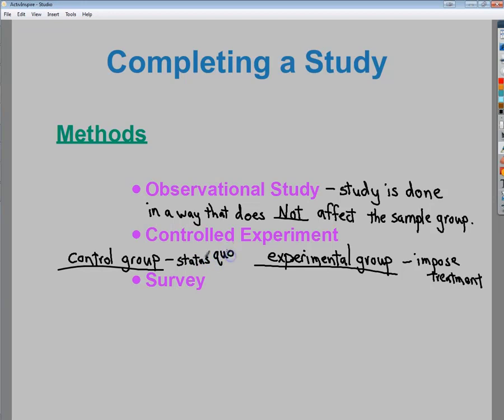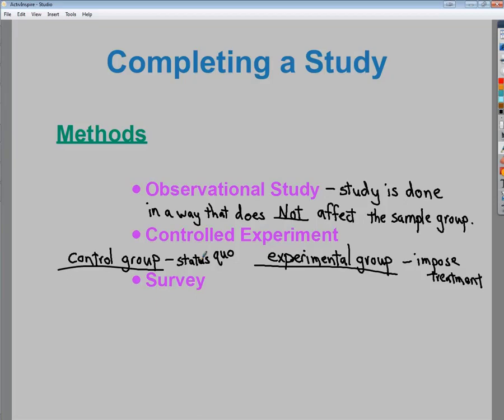The nice thing about the controlled experiment is that you have some idea that what you're doing has an effect outside of anything else. Like you can see that specific change affected the people in the experimental group versus the control group. But it's not always the best way to do it, and there are certain things you can't do.